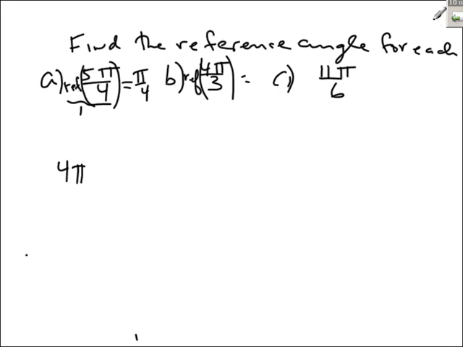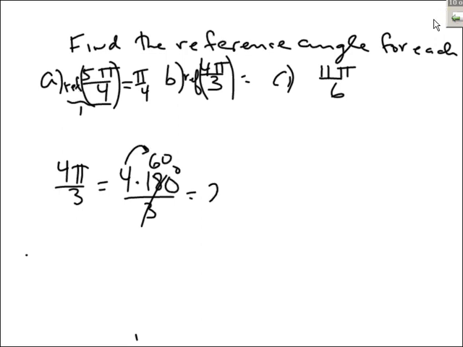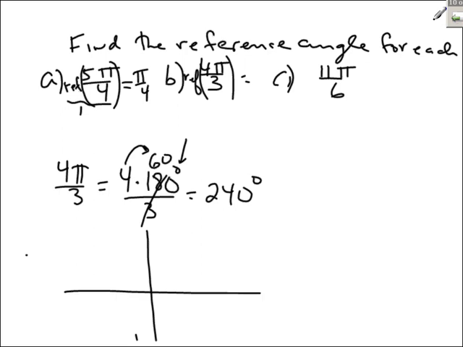Well, 4 pi over 3 is 4 times pi, but pi is just 180 degrees, over 3. 3 goes into 180 60 times. 4 times 60 is 240 degrees. Okay, so I go 240 degrees. I go 180, and remember, if I go all the way to here, it's 270. So I stopped before.